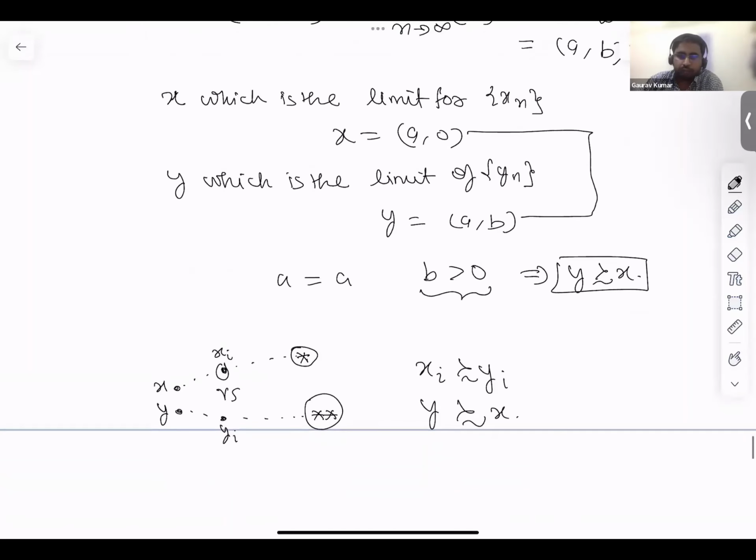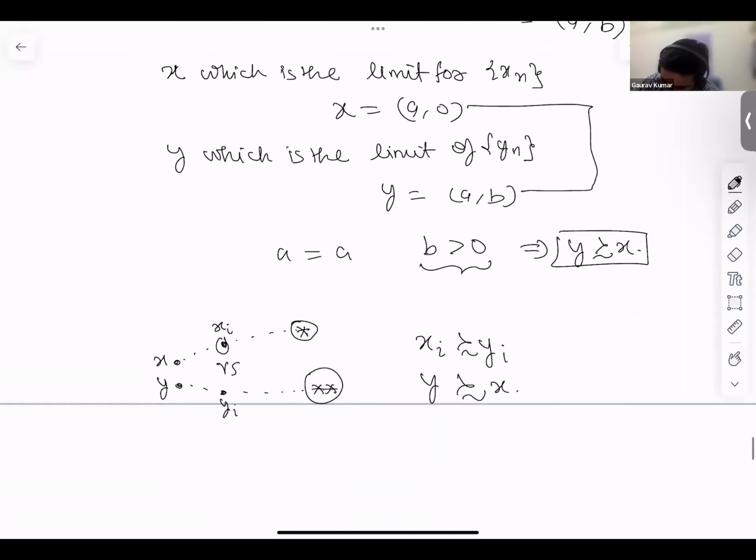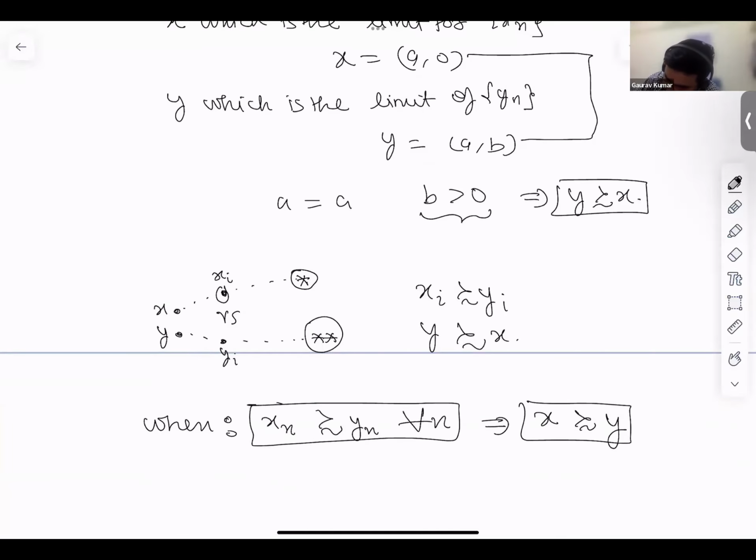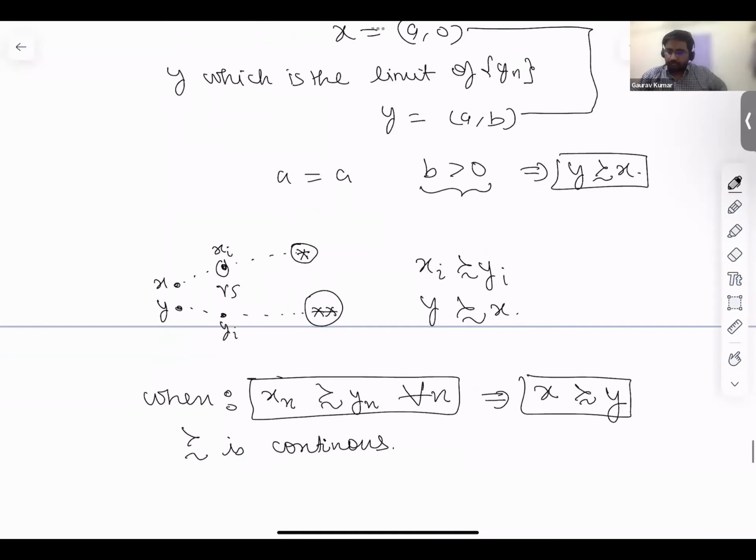What does the property of continuity say? It says that when x_n is preferred over y_n for every n, then in the limit x should be preferred over y. This property is formally stated as the preference relation being continuous.